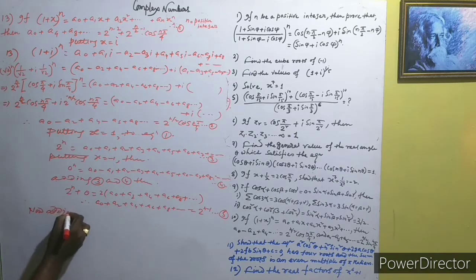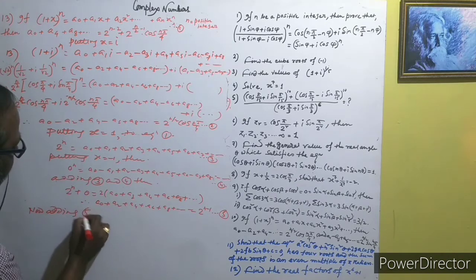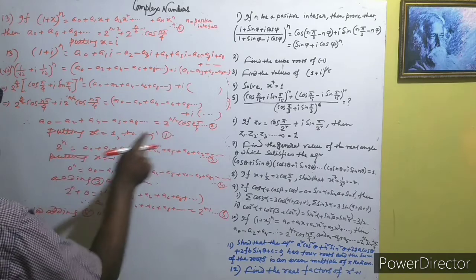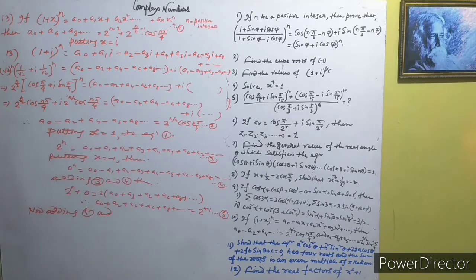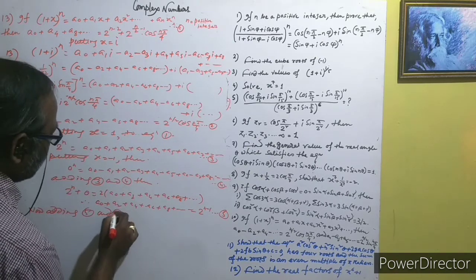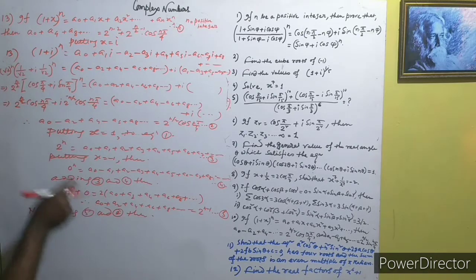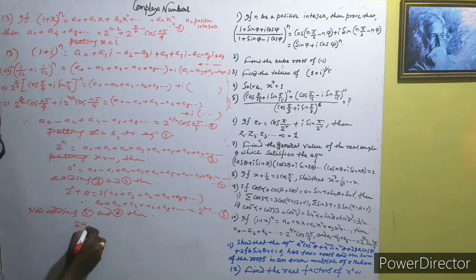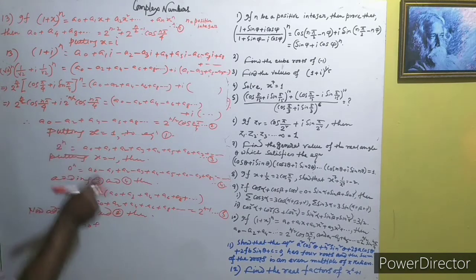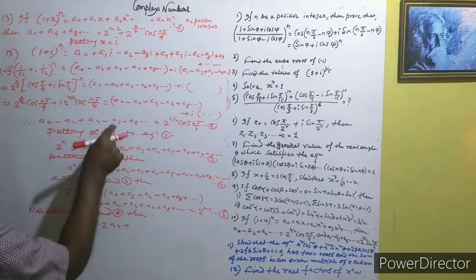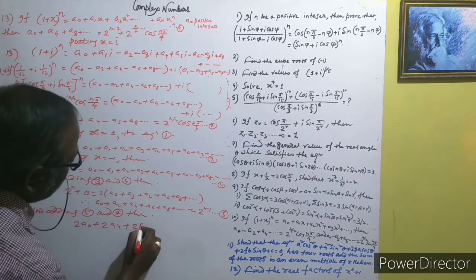See, now adding 5 and 2, this is how we get 2a0. These are cancelled. This is 2 into a4. a6 is cancelled. 2 into a8.